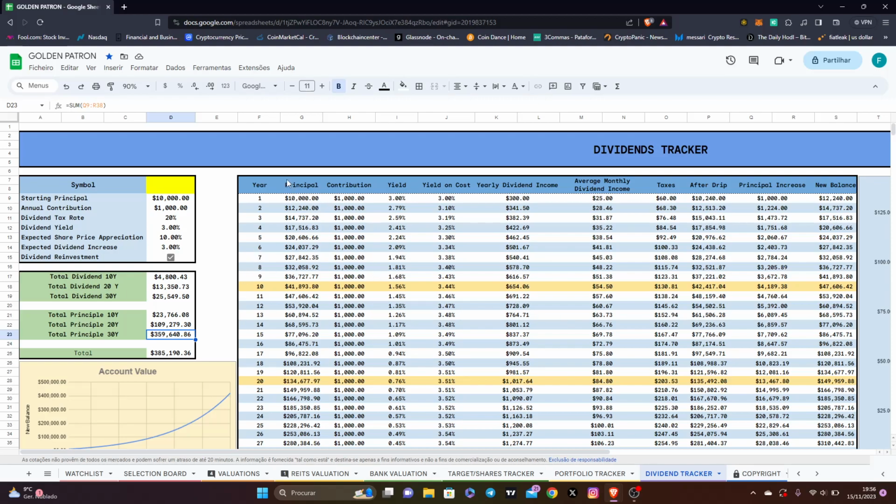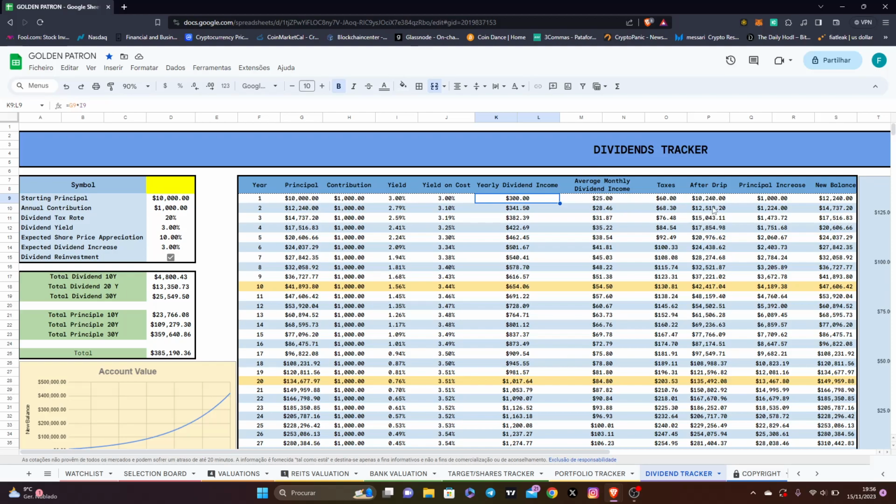What the chart right here does is take the initial principal with a yearly contribution, yielding 3%, and give us a dividend income in that year of $300. So yearly, just on dividends alone, you would get $300, with an average dividend income of $25 every month.